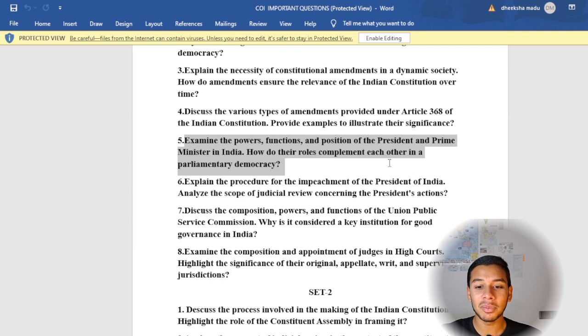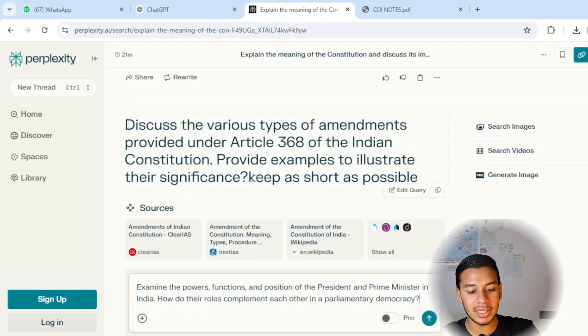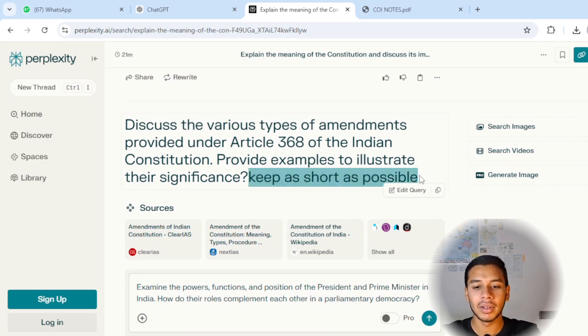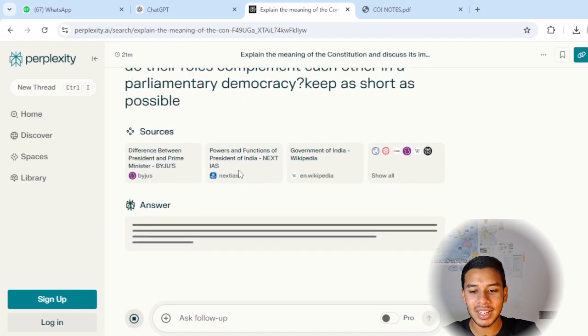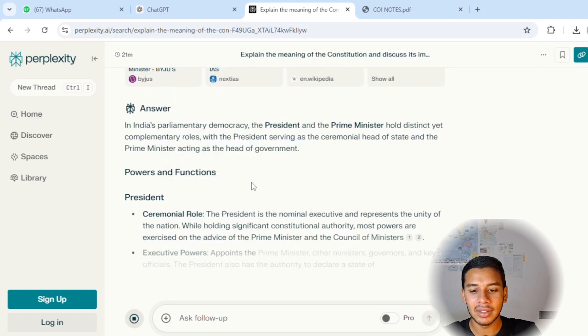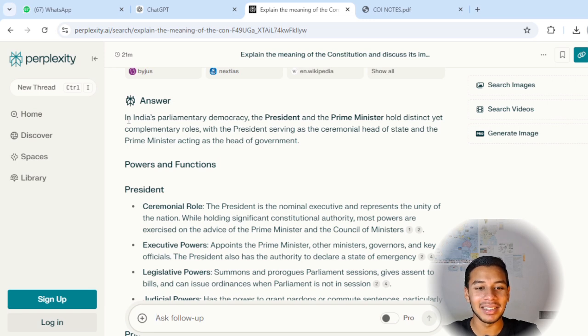Examine the powers, functions and positions of the President and Prime Minister of India and how their roles complement each other in a parliamentary democracy. This is the interesting one. The fight between PM and President. Let's see. Keep it as short as possible. Control C and Control V. Let's see the battle of President and Prime Minister, guys.